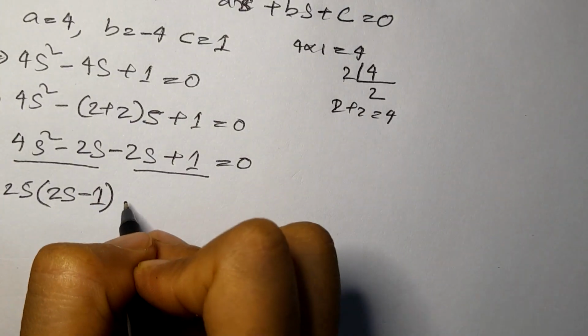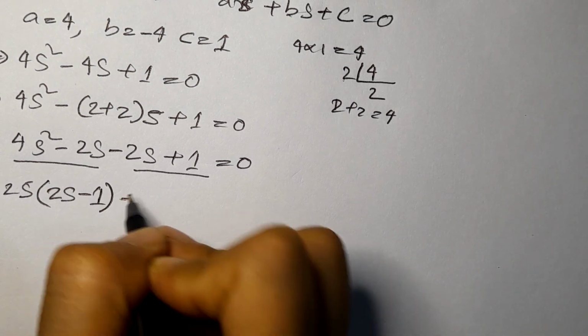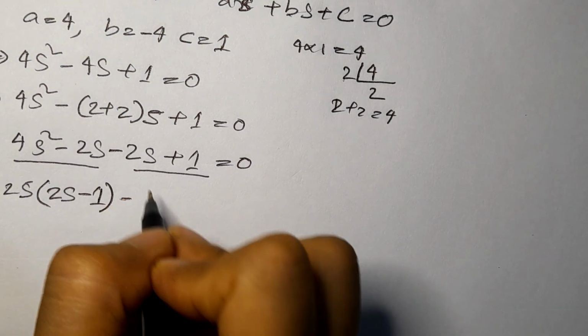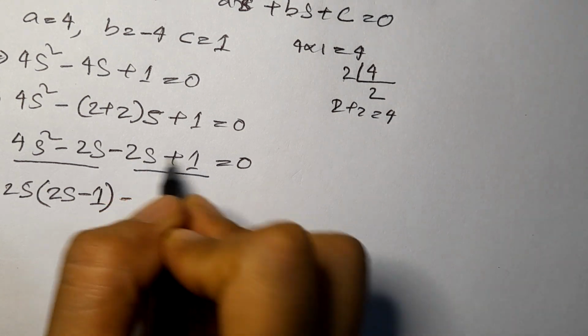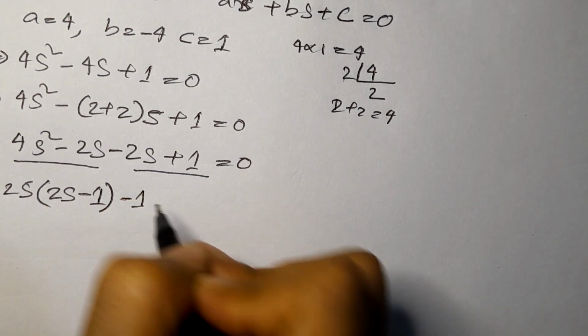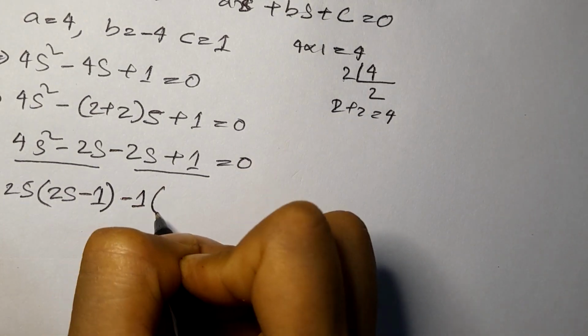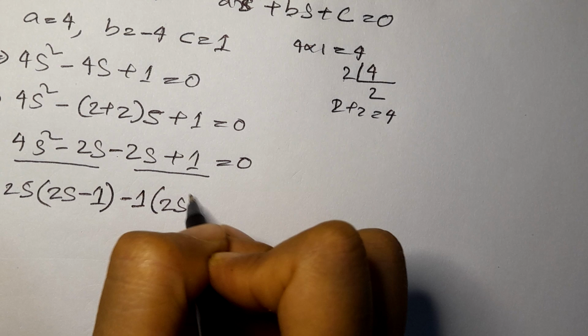So 2s minus 1, here you have to take the common, that is minus 1. From here the same number has to be taken, it is 2s, here 1, only minus 1 can be taken. So take the common minus 1, so plus into minus, minus, so it will be plus here.